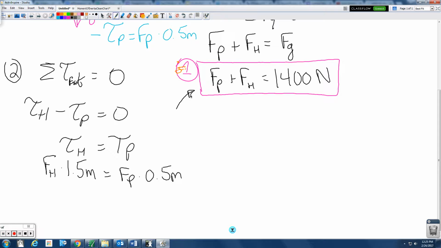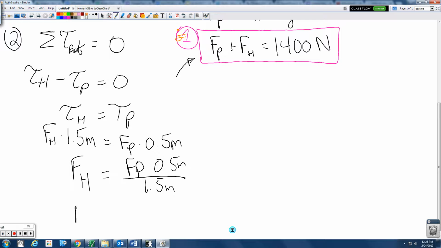So let's solve for the force of Henry, F_H. Then we get force of Paul times 0.5 meters, divided by 1.5 meters. So the force of Henry is going to be the force of Paul times 0.5 divided by 1.5. That's 1 over 3.